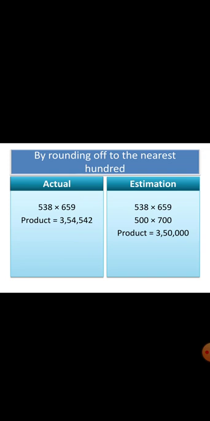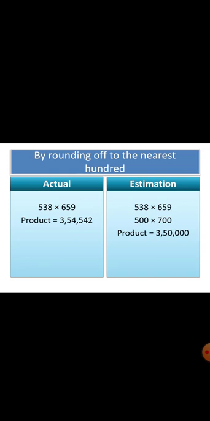The number 538 in the 100 series will come between 500 and 600. And it is closer to 500. So we will round off 538 to 500. And the next number, 659, comes between 600 and 700.